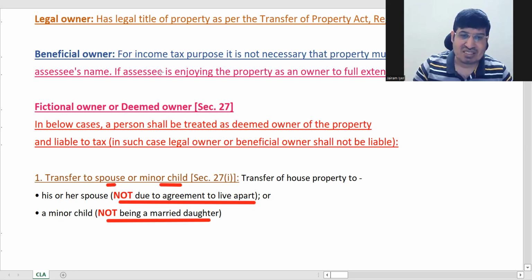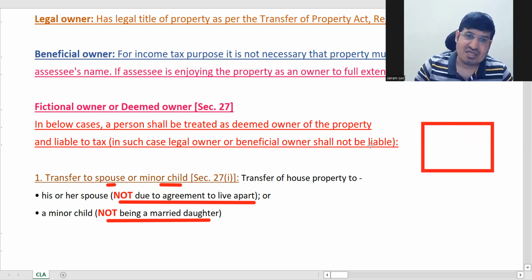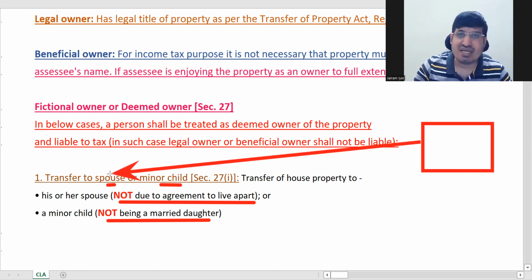Let us say this is the person who has transferred this house to his spouse. He is already in the high tax bracket, 30%, and his spouse is not earning anything. If he transfers the house to this person and shows the rent in the name of the spouse or minor child, then he can be saved of tax. That is basically why people do this.